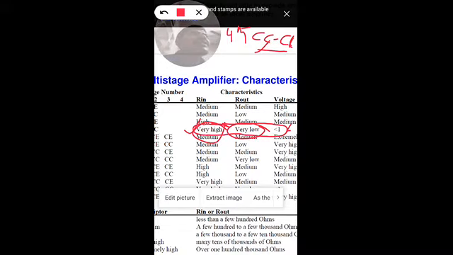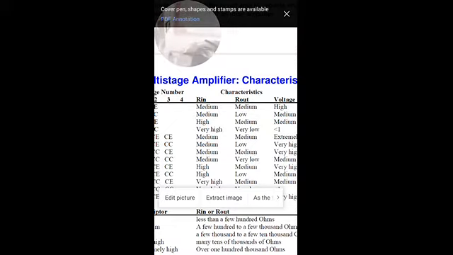The voltage gain is less than unity with this configuration of multi-stage amplifier.